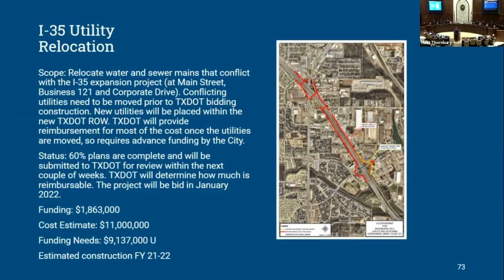I-35 utility relocation. This project is for us to move our city utilities, water and sewer, out of the way of the proposed expansion of I-35. And of course, it's in the area of the 3 interchanges that are being rebuilt, that being Main Street, Business 121, and Corporate Drive.